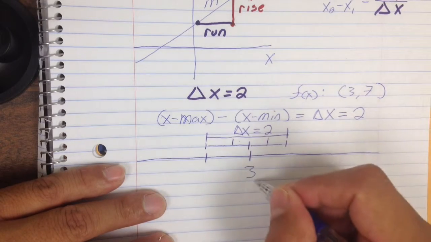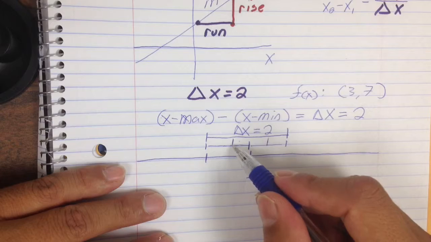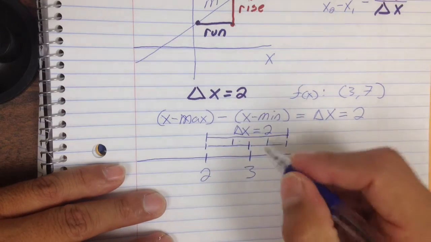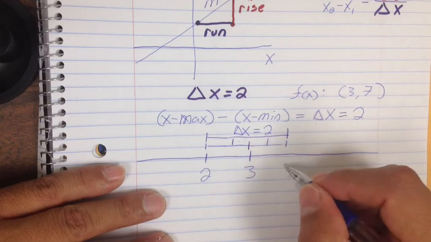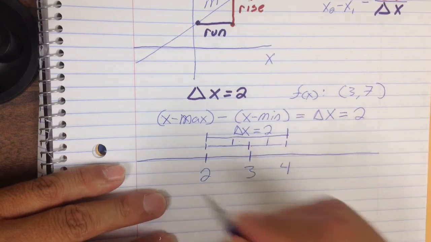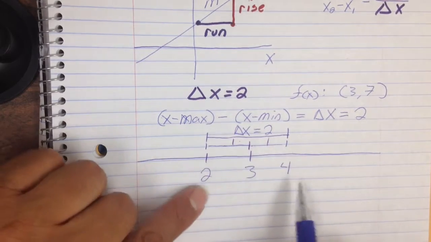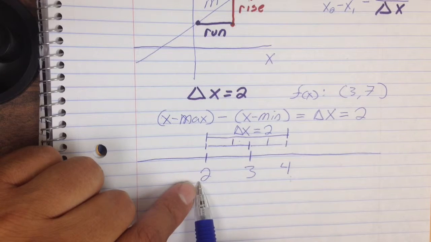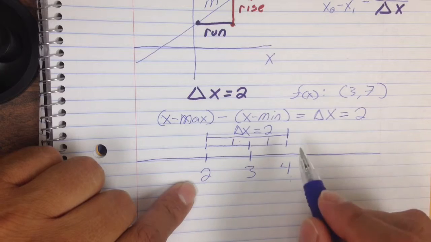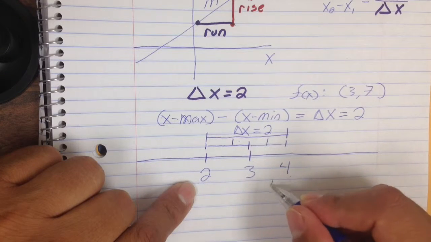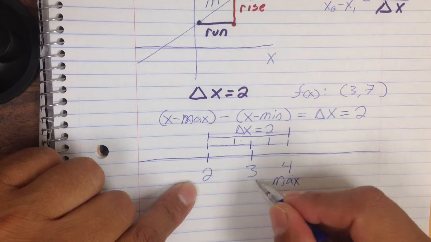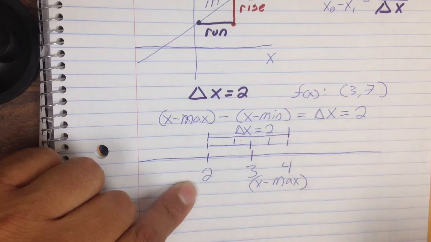So if I start at 3 and I travel 1 unit to the left, I end up at 2. And if I travel 1 unit to the right, I end up at 4. This is my second x value. This is my first. x2 minus x1 is 2. This is also the maximum x value, or x max, on my computer screen.